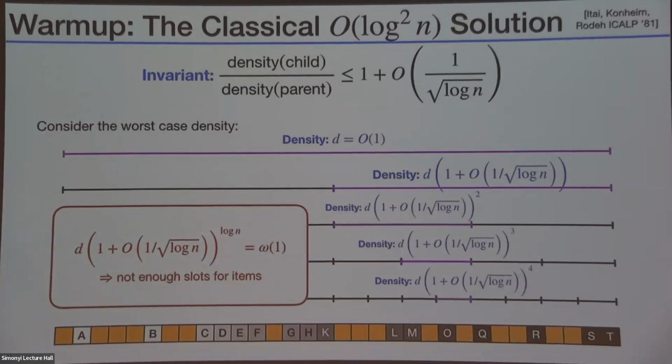My density at the end is going to be 1 plus 1 over square root log n, all raised to the log n. And then this is going to be super constant, and so there's not even enough slots for the items, and this is not even a valid algorithm in the first place. So we would really like to still use this idea, but we need to take care of the situation that things are overflowing and we don't have enough slots in the array.